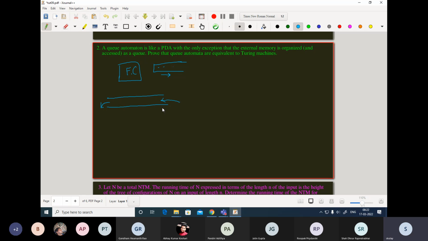So how will you show that this is equivalent to a Turing machine? Can you give me one direction? If I have a queue automaton implies Turing machine, meaning that if a language is accepted by a queue automaton, it will also be accepted by a Turing machine. Can you give this?